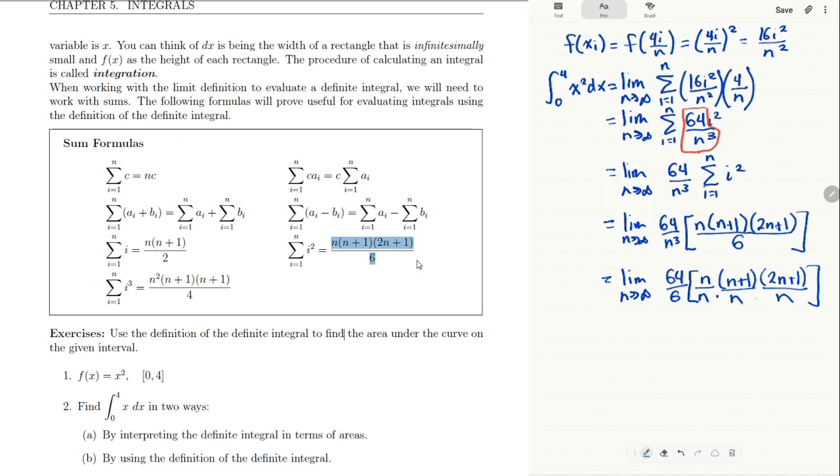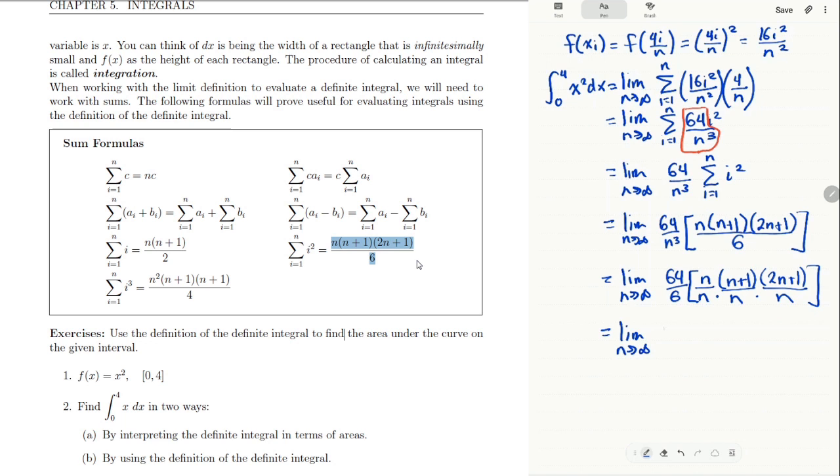So we're just writing out n cubed as n times n times n, and then placing one of each factor of n underneath each of the terms, or each of the factors in the numerator.